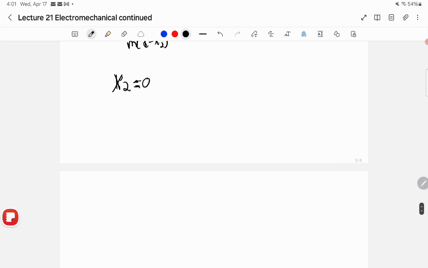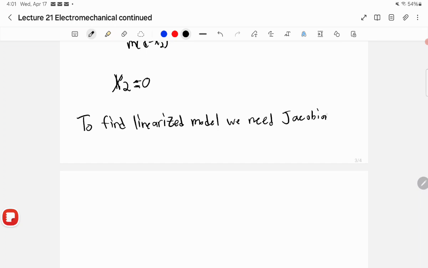To find the linearized model, we need the Jacobian, at the fixed point, of course.